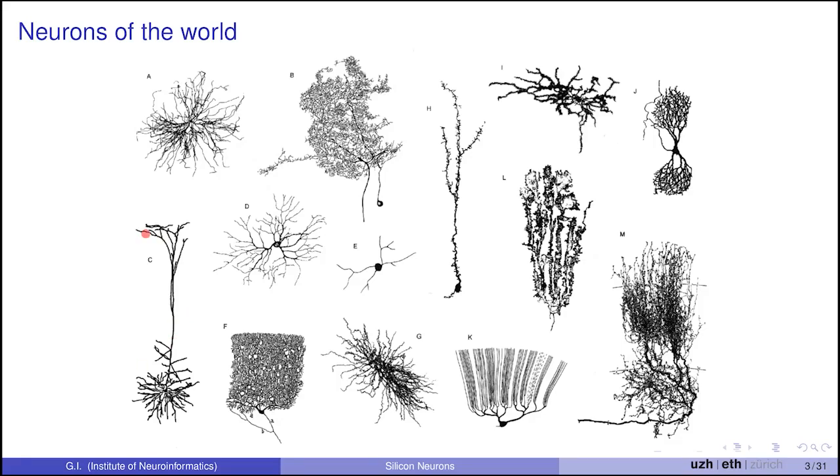Then you can imagine that these will sum up in different nonlinear ways, and then make the neuron fire or not fire, depending on whether what you sense matches what you expect to see, and so on.